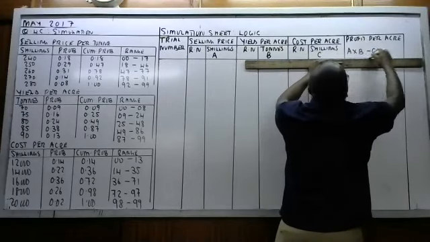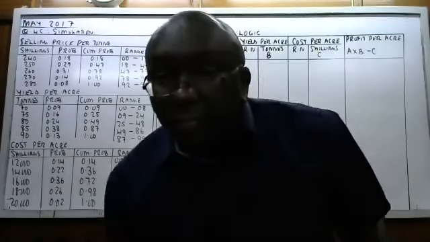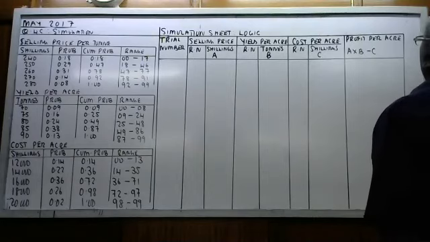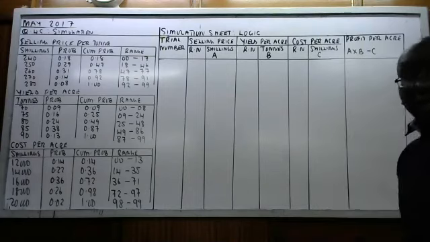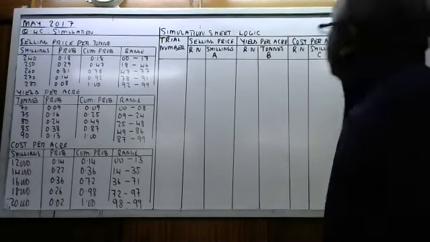So draw that. Once you finish, you tell me finished. Oh, sorry. What are you saying? The cost per acre is not B, or the formula will change.